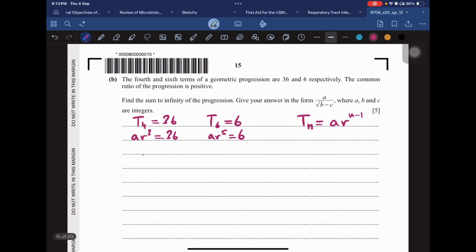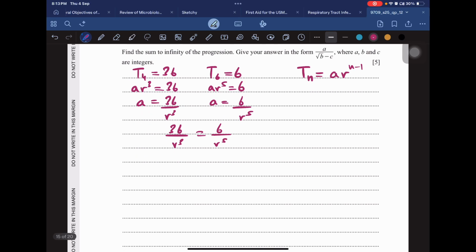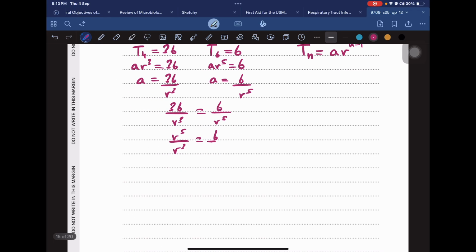I can say that a equals 36 upon r cube over here, and then over here a equals 6 upon r power 5. So I can equate these two. 36 upon r cube equals 6 upon r power 5. Cross multiplying, r power 5 upon r cube equals 6 upon 36.